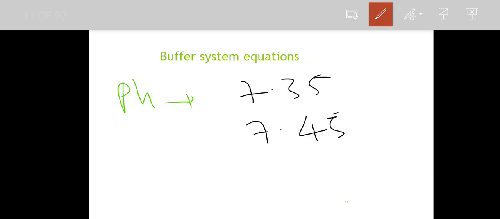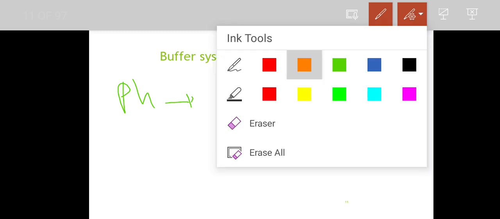If there is any figure below this, meaning going below 7.34, 7.33, then we call it acidosis. Remember, when we are going below 7, we are going to the acidic region. So whenever this pH drops below 7.35, then we are going to call it acidosis.